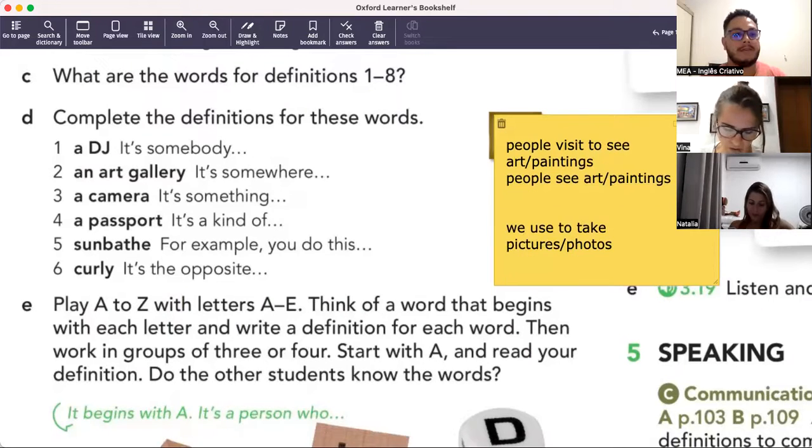Nath. A passport is a kind of badge for travel. It's a kind of document.